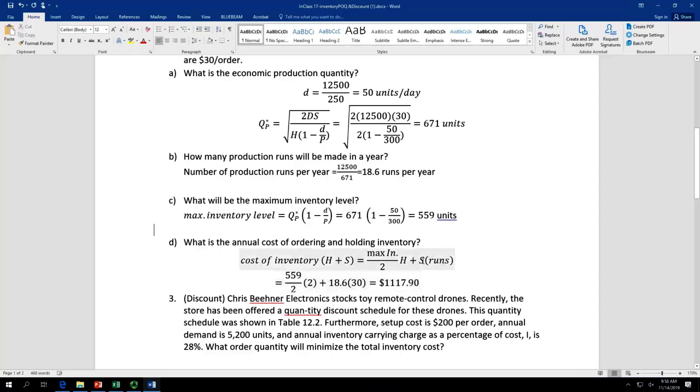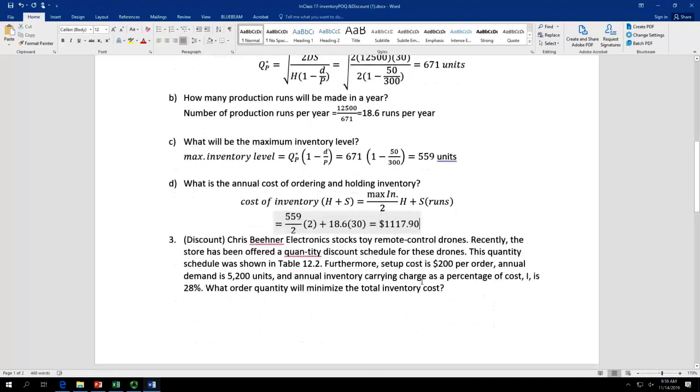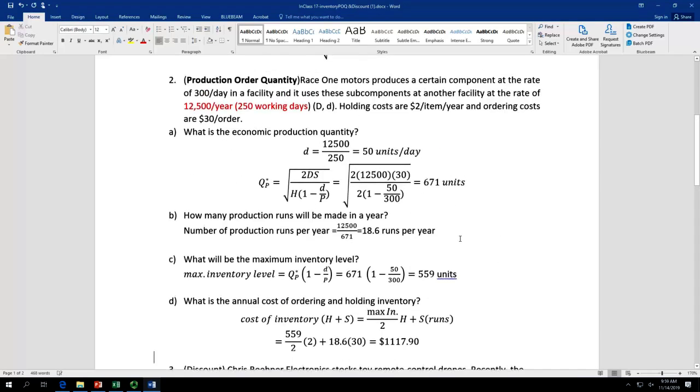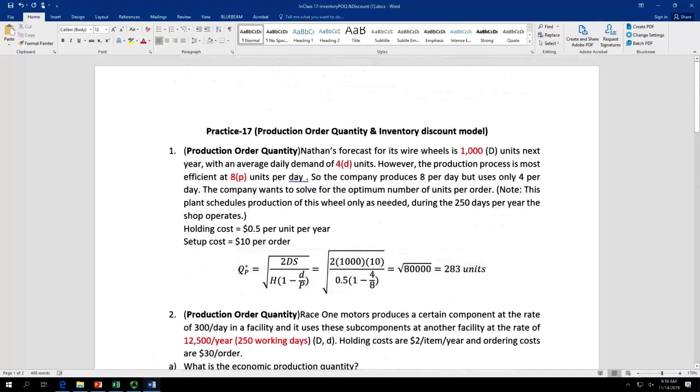And the second part, in 1 year, because of the demand of 12500 units, based upon the Q star, we need to make 18.6 runs. That's why we have the calculation over here. I think the first question is just to let you be familiar with the production order quantity formula.